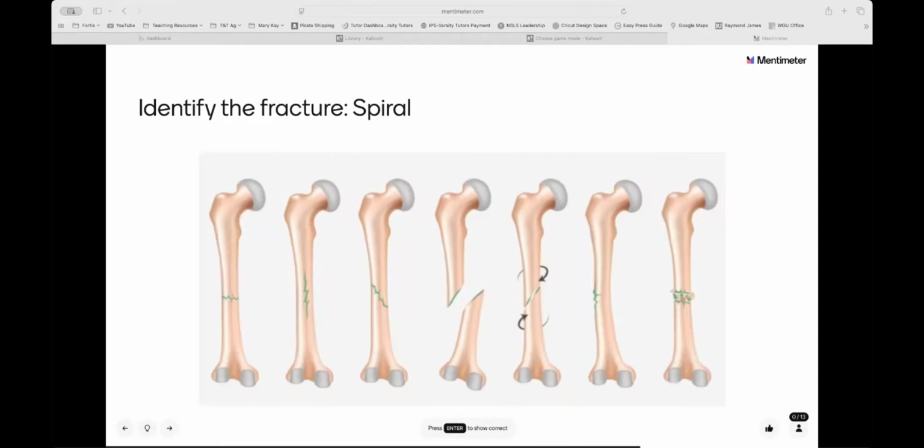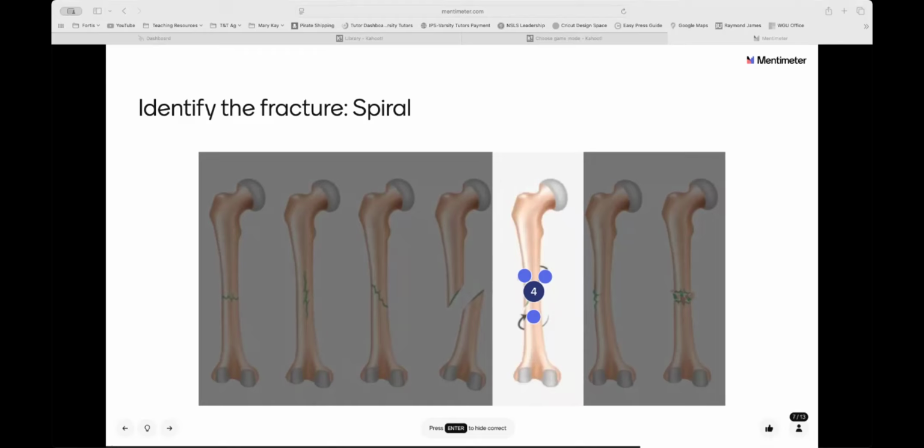How about our spiral fracture? You guys got it. Our spiral fracture happens from a twisting motion of that bone.